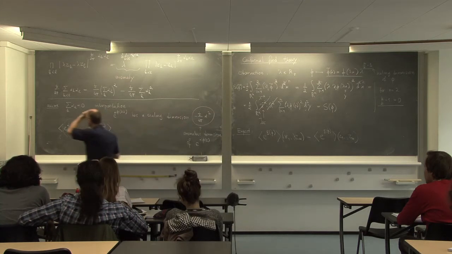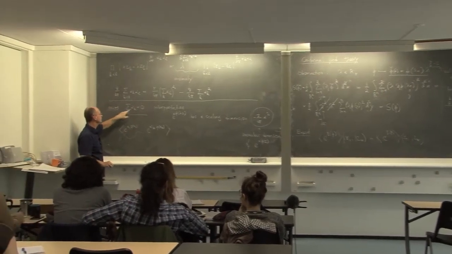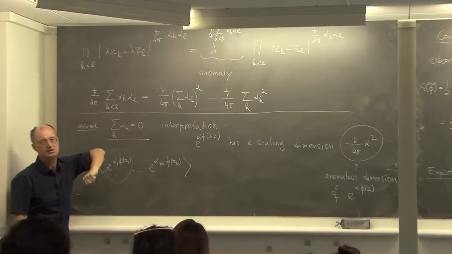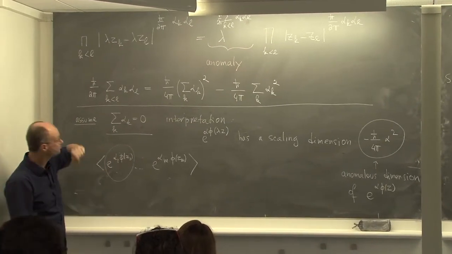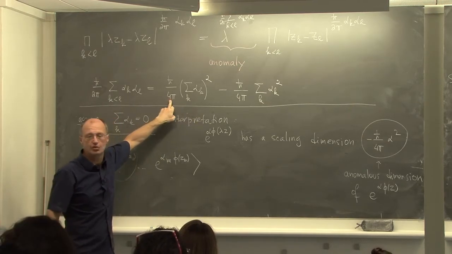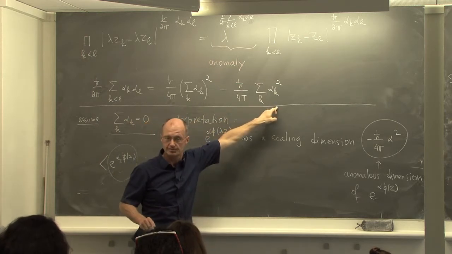Now maybe let's finish with the discussion of what if this is not 0? Suppose that the sum of alpha k's is not 0. So then you have an extra expression of this form. But notice that it actually resembles the other expressions, right?